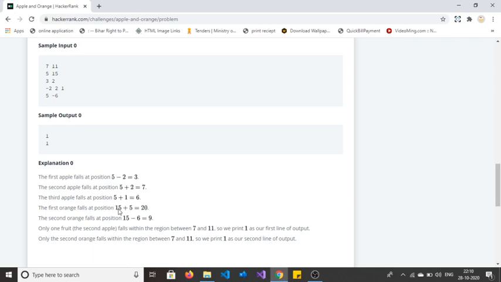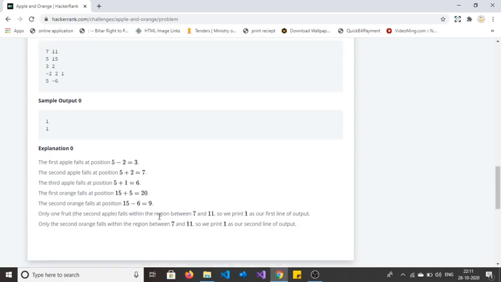For the orange, the tree position is 15, so 15 plus 5 is equal to 20, and 15 minus 6 is 9, and 9 falls between 7 and 11. So one apple and one orange fall on the same house.